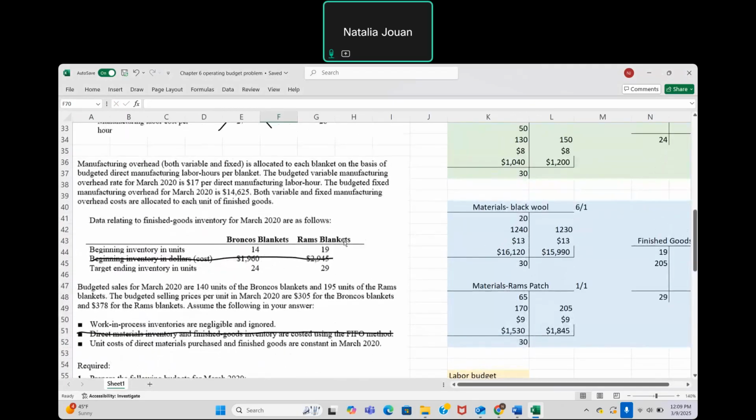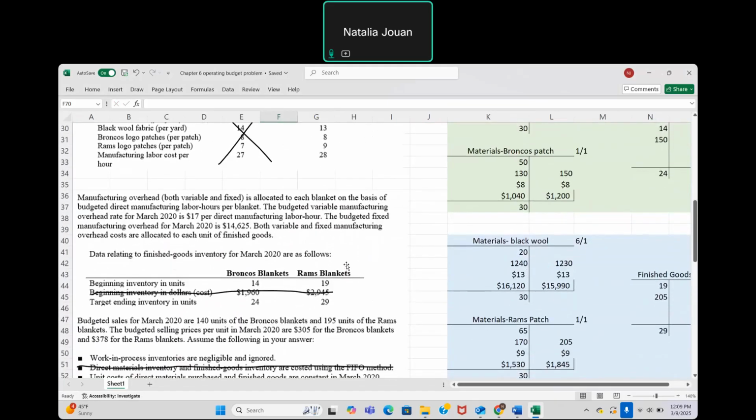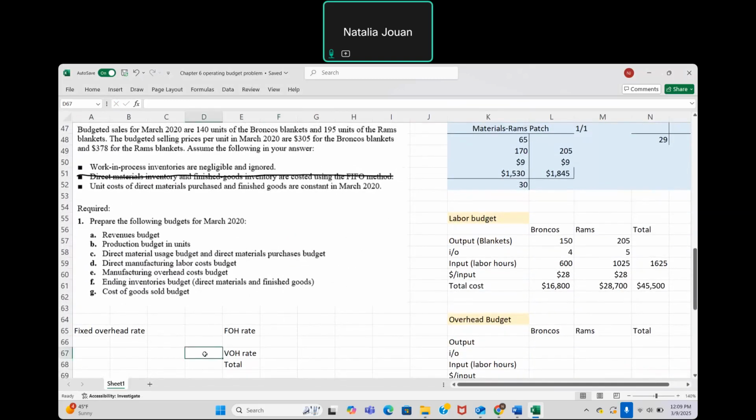The only rate we have is the materials, and we also have the labor, but we do not have the overhead rate. But go down here to the overhead paragraph, we're being told that the budgeted variable manufacturing overhead rate is 17. So variable overhead rate, 17. We need the total, not just the variable.